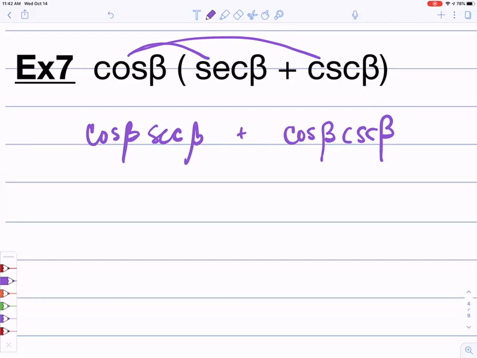They're reciprocals of each other. The reason I say that, Aaliyah, is that inverse could get confusing since inverses find angles, and we're not trying to do that right now. So they're reciprocals of each other. So this is going to be cosine of beta times 1 over cosine of beta. So those two are going to cancel, leaving me with a 1.